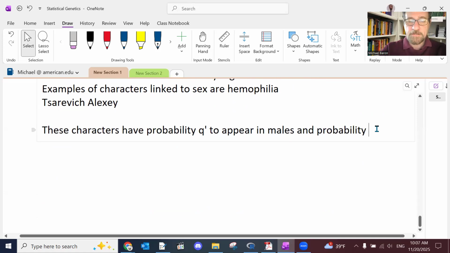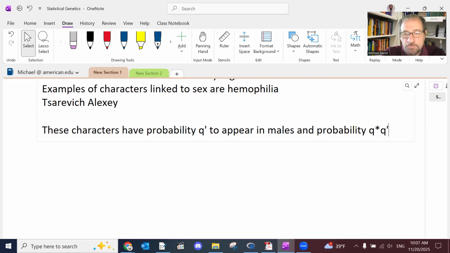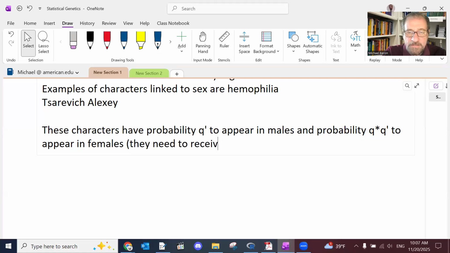and probability Q times Q prime to appear in females, because to have a feature like hemophilia, they need to receive recessive X genes from both parents.